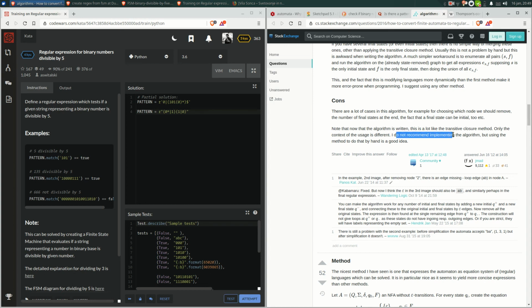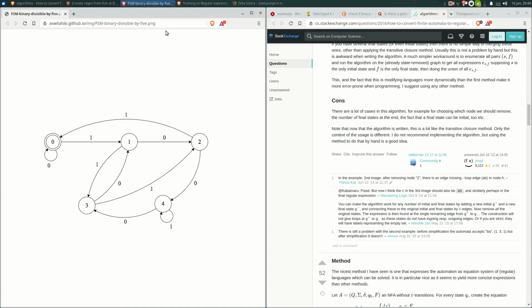I do not recommend implementing the algorithm, but using the method to do that by hand is a good idea, and that's what we are doing. So if we could maybe remove these two steps, that would be great.